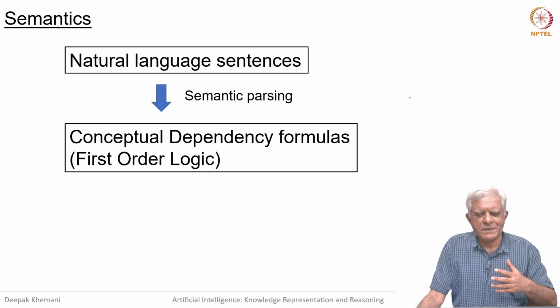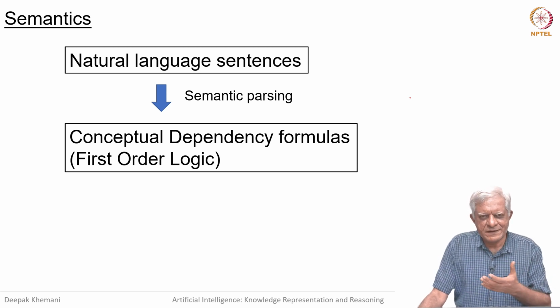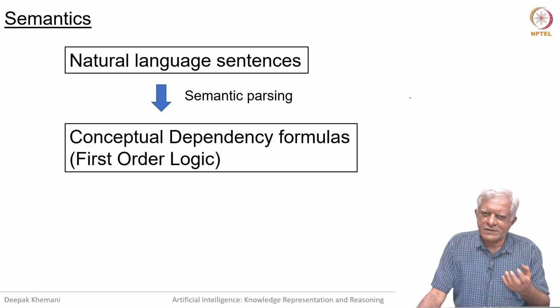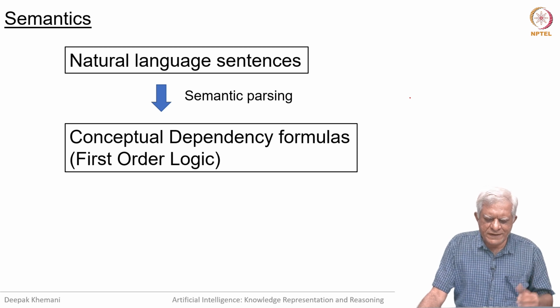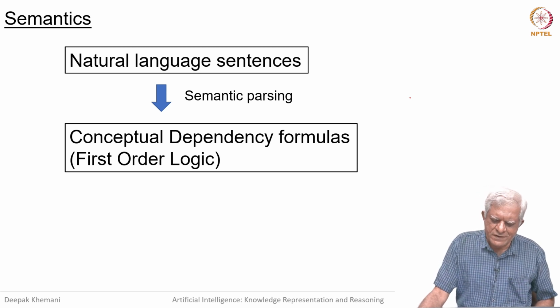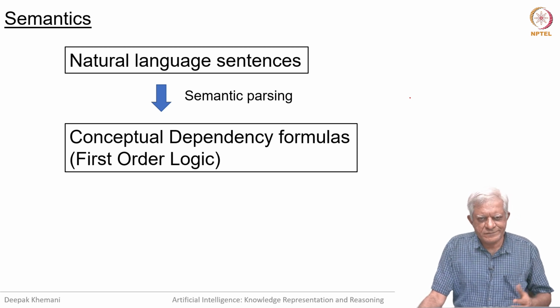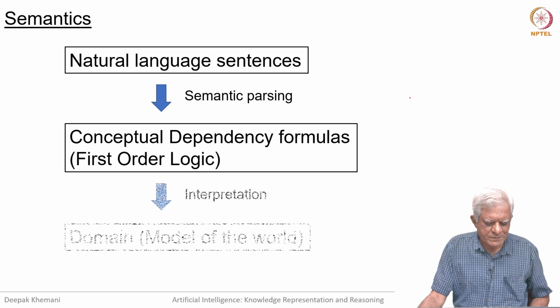In syntactic parsing of an English sentence, you will break it down into noun phrase, verb phrase and that kind of stuff. In semantic parsing, you will try to identify what are the conceptual primitives that the sentence is talking about. In any case, it will translate into conceptual dependency formulas, which are basically in first order logic.